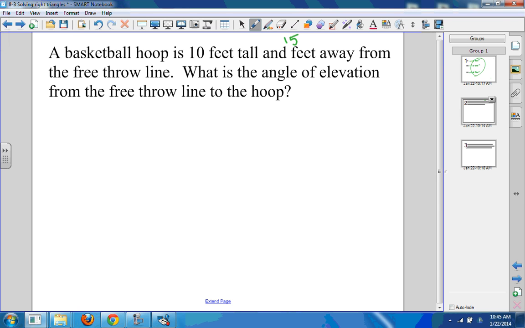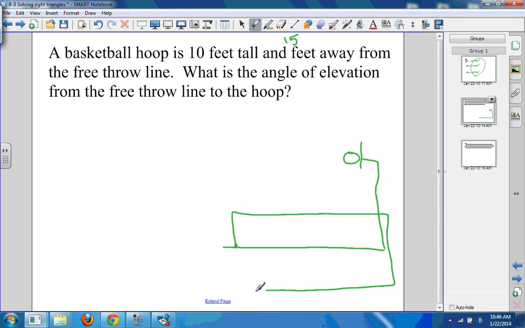So it always helps us to draw a little picture. My pictures aren't great, but here we have a basketball goal, and maybe the free throw line is out here somewhere. All right. So with this, we can put in some dimensions.